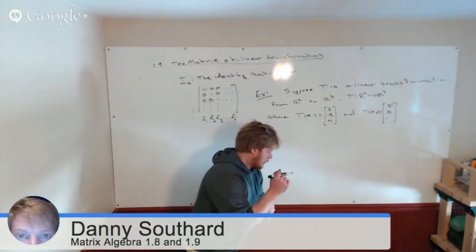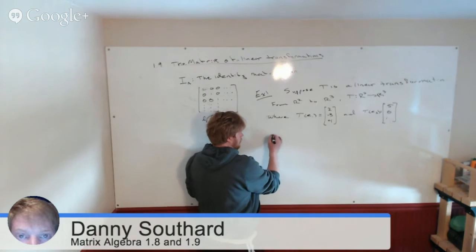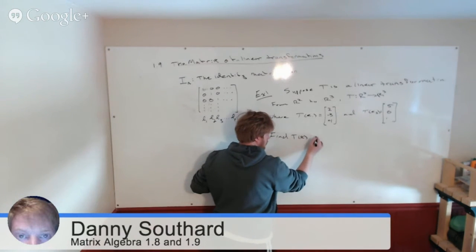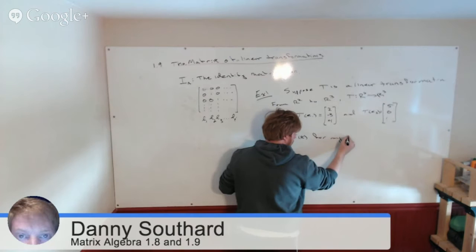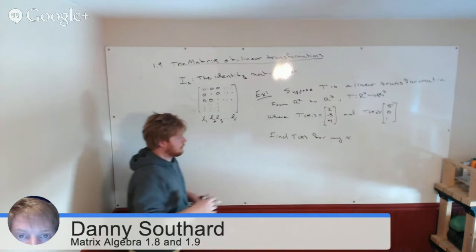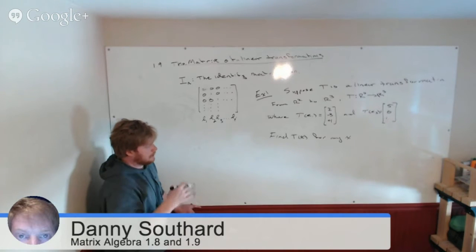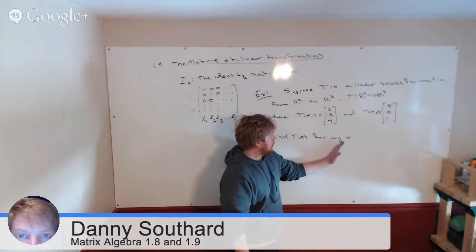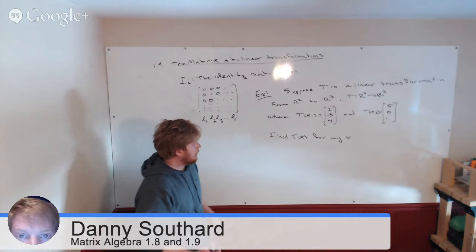And I'm asked to find T of x for any x. In other words, what is the transformation? What is the matrix A? What matrix A will take any x in R2 to R3, with these being sort of conditions that we have to follow.